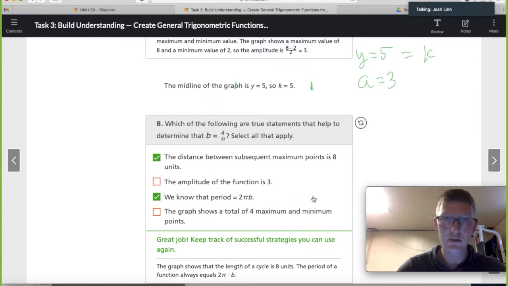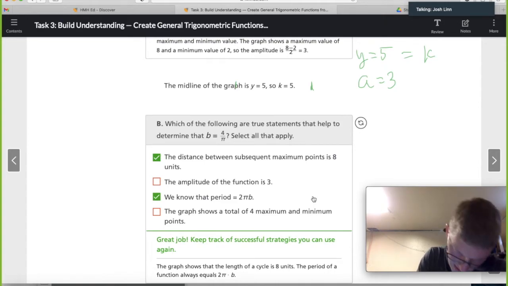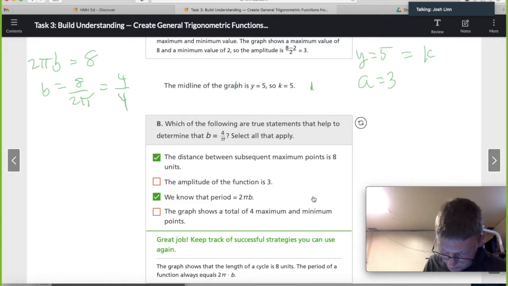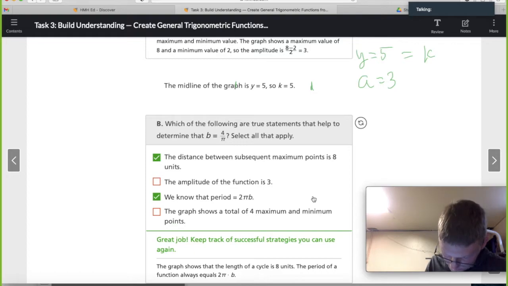Just in case you weren't tracking, we know that the period is 2 pi times b, and we found that the full period is equal to 8. So then we just do some algebra. B equals 8 divided by 2 pi, which equals 4 over pi. I just want to make sure that was clear for everyone. So B equals pi over 4.